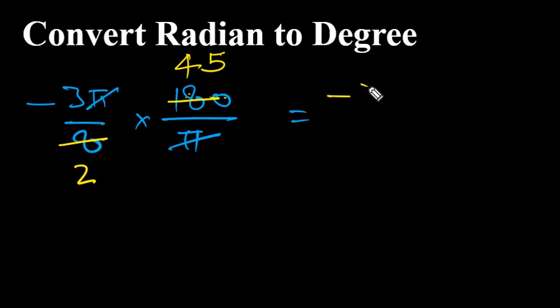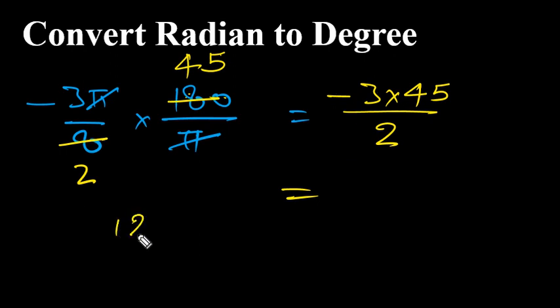So negative 3 multiplied by 45, and then you have to divide by 2, right? Oh yeah, that's also there. So 45 multiplied by 3, how much will that give us? 40 multiplied by 3 is 120, and 5 multiplied by 3 is 15.